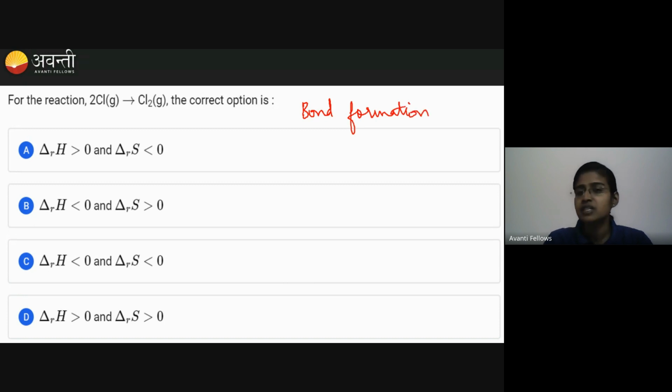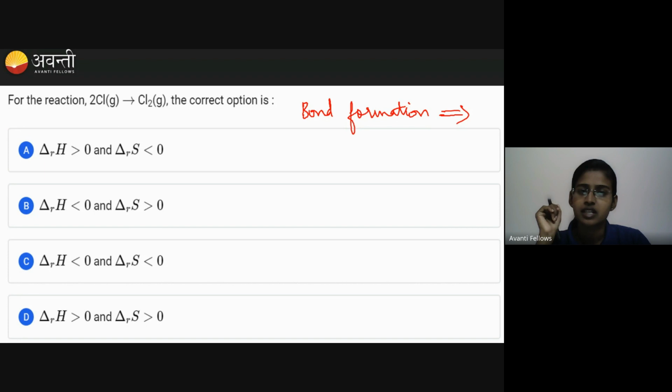So bond formation means, is it exothermic or endothermic? Give me the answer. Bond formation is exothermic or endothermic? Unfortunately, Ritvik, your answer is wrong for this. No issues, my dear, you can try for the correct answer. Valmiki has given me the correct answer.